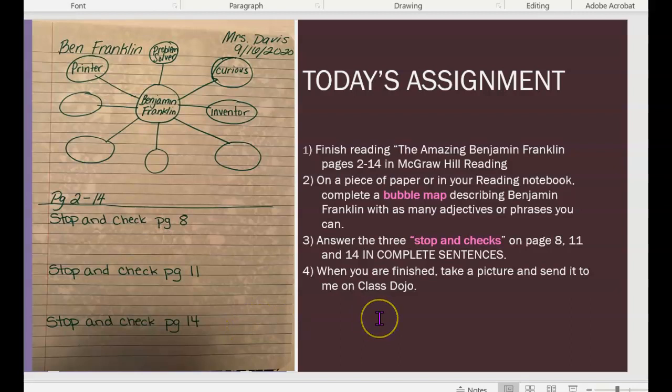When you are finished, you are going to take a picture and send it to me on Class Dojo. If you need to use a second page, that is also fine. If you have any questions, please message me. But you are going to log on to McGraw-Hill, continue reading pages 2 through 14, and create your own bubble map and your stop and checks. And then tomorrow we're going to come back around and we're going to talk about how the author organized the passage.